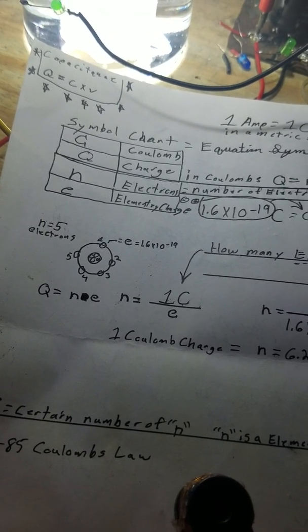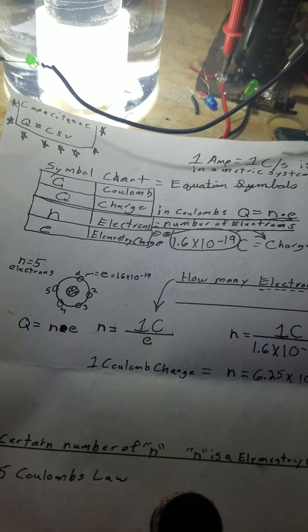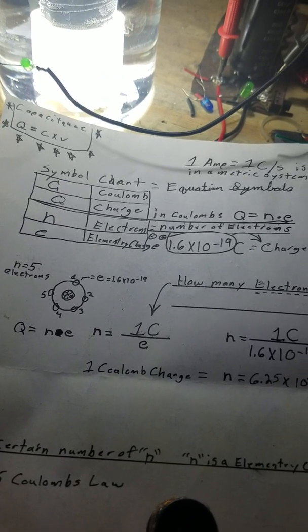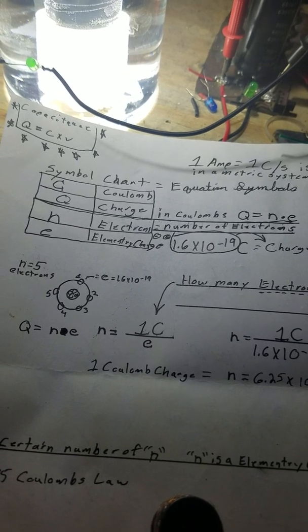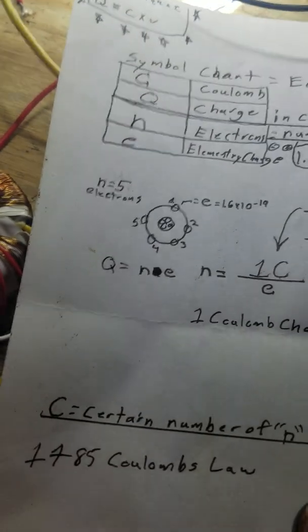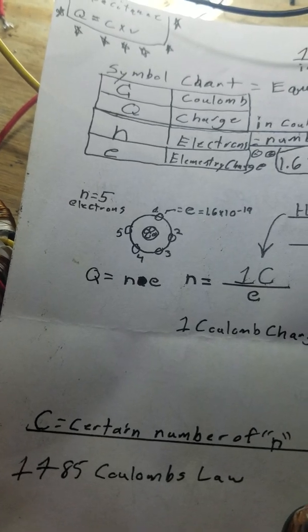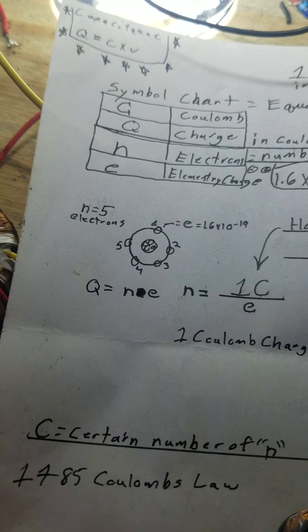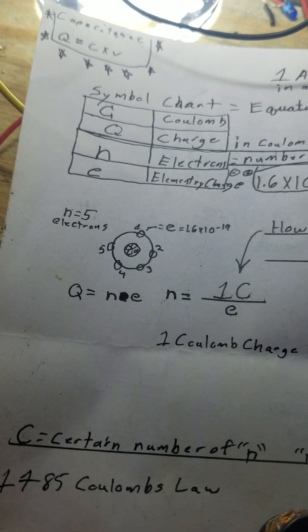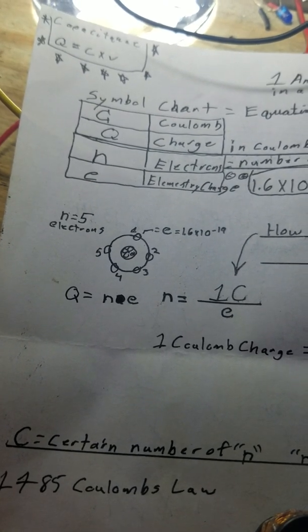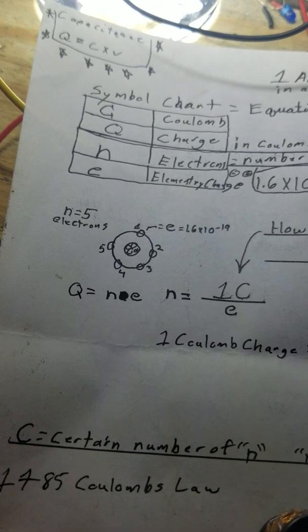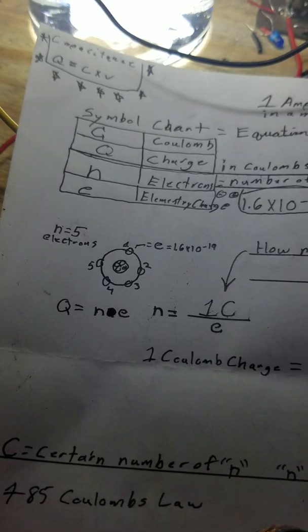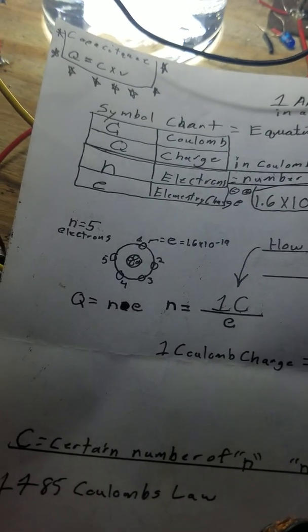So the charge in columns, as you can see, equals N times E, the number of electrons times the elementary charge. If you look down here under the molecule, you will see the formula Q equals N times E. That is the elementary charge times the number of electrons. So that's your charge in columns.